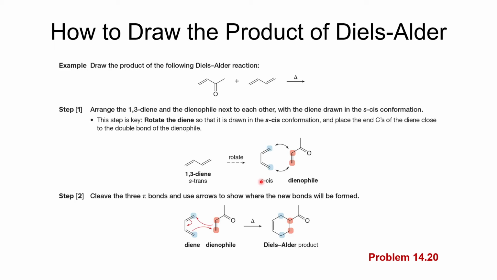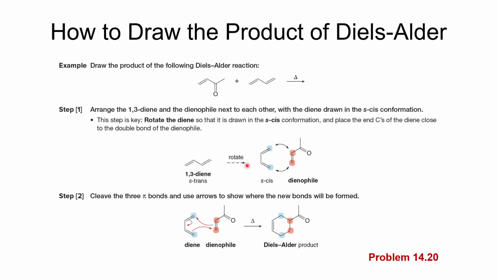So, how to draw a Diels-Alder product. The first thing is that you want to take your diene and rotate it around so that it is in the S-cis conformation. We're going to talk about this a little bit more in the next section, but for now we'll just say it needs to be in that S-cis conformation before we can do the reaction.